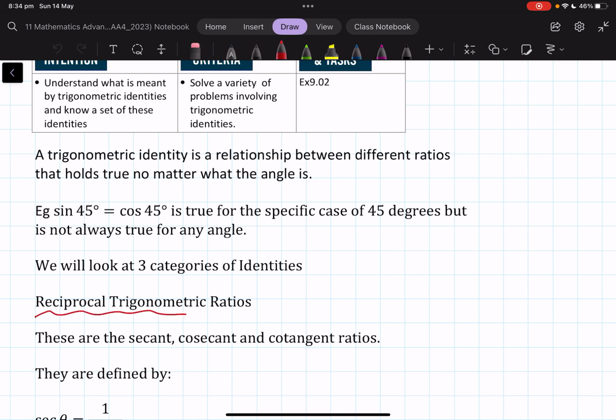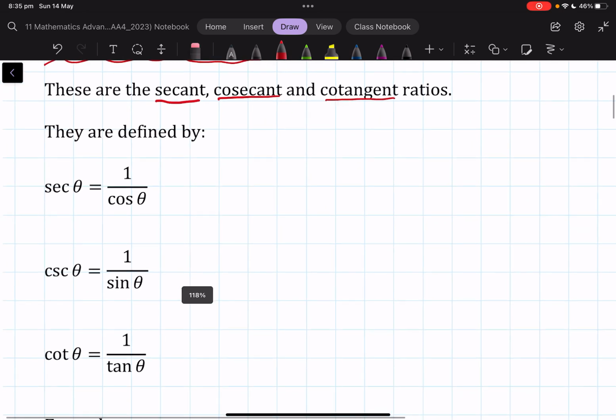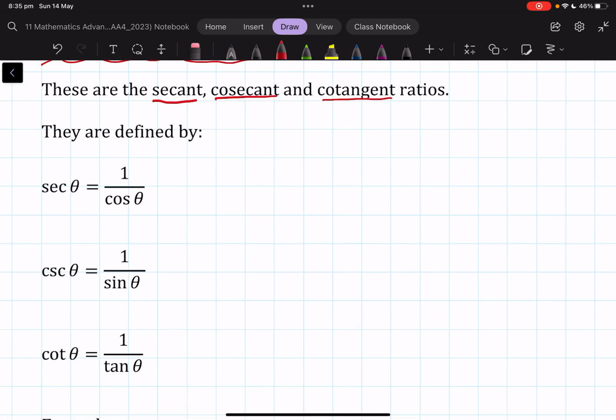Reciprocal. So remember that the reciprocal is 1 over. And so here we're going to introduce these 3 new words: secant, cosecant, and cotangent ratios. These are defined by sec theta equals 1 over cos theta.